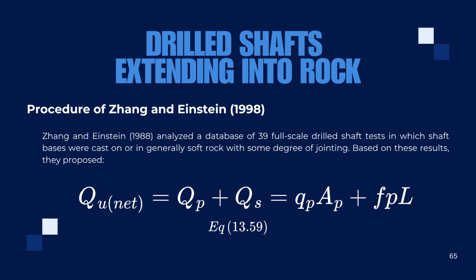Drill shaft extending into rock. Zhang and Einstein 1988 analyzed a database of 39 full-scale drill shaft tests in which shaft bases were cast on or in generally soft rock with some degree of jointing.